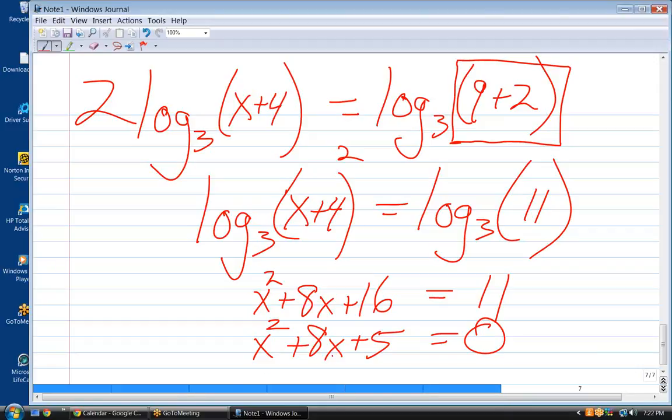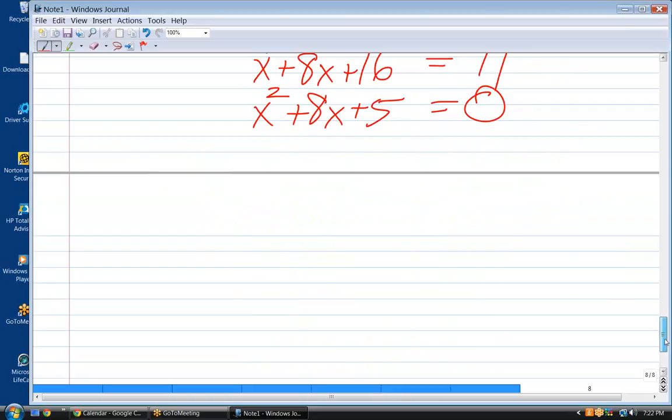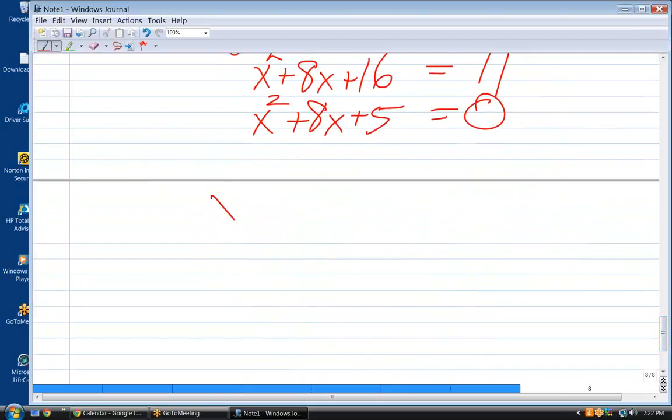Notice this does not factor. Solve for x using the quadratic formula.